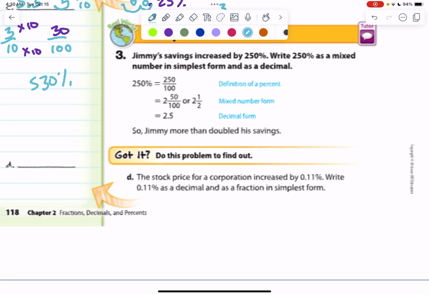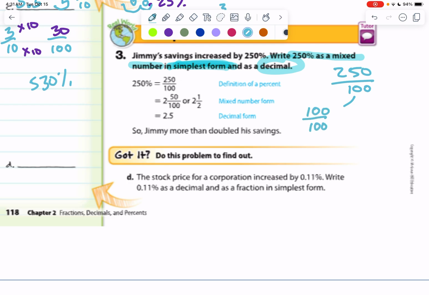Jimmy's savings increased by 250%. Write 250% as a mixed number in simplest form and as a decimal. Whew. Okay, so I'm going to go back to 250 over 100. Well, we could take out a 100 over 100.